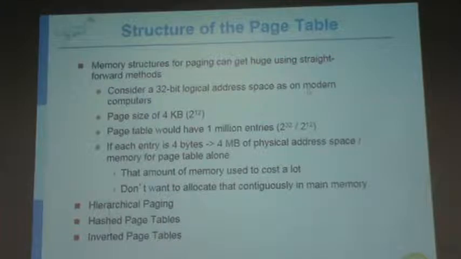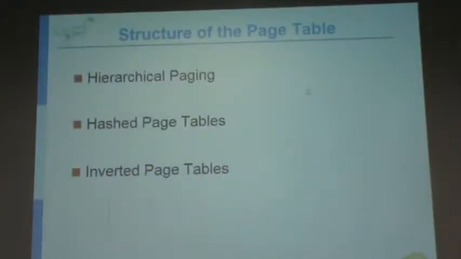So anyway, when we have a bigger memory, that means we have a huge number of pages. It's hard. It's also a problem. So there are different ways to organize such a number of pages.